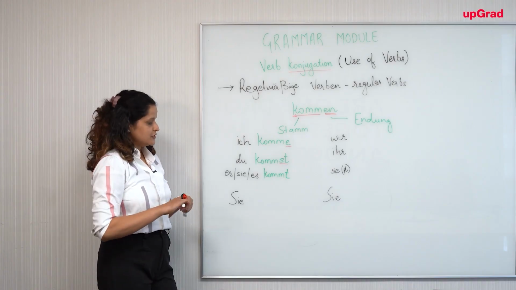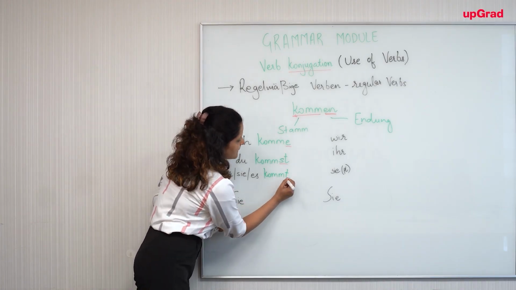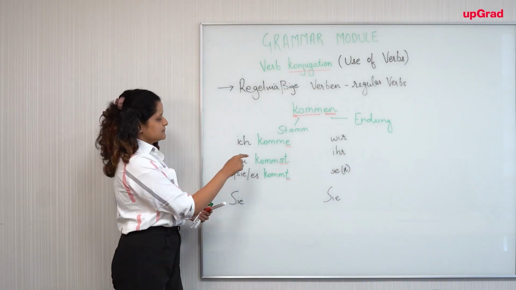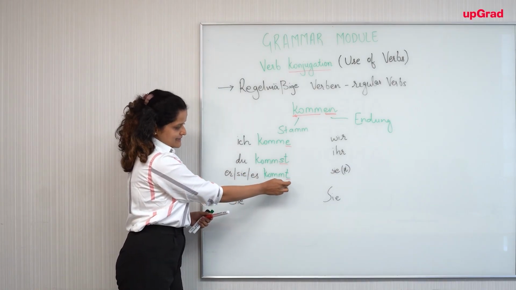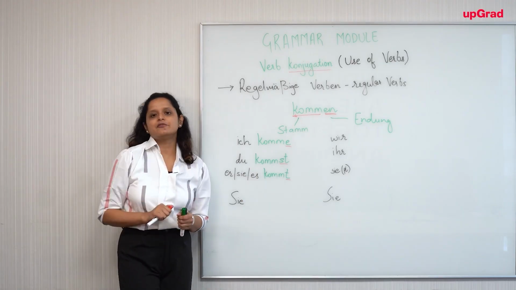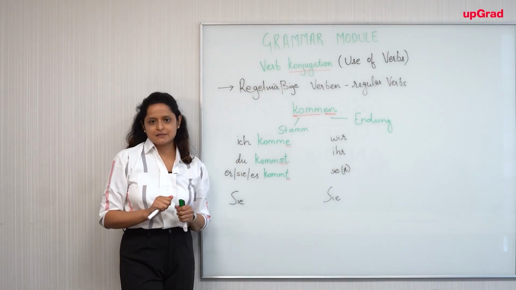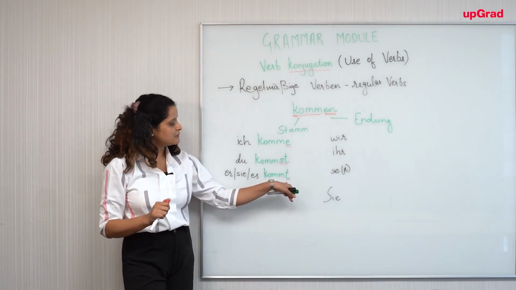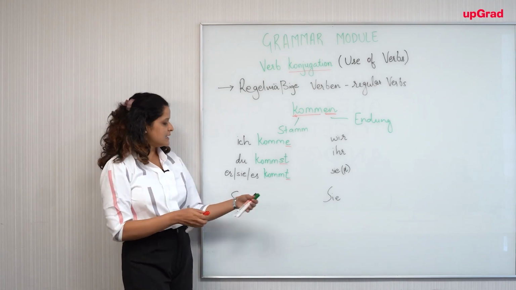So the conjugation here becomes er/sie/es kommt. Ich komme, du kommst, er/sie/es kommt. So if I want to say a friend of mine is coming from school and this is an indirect reference, my verb will be "kommt".